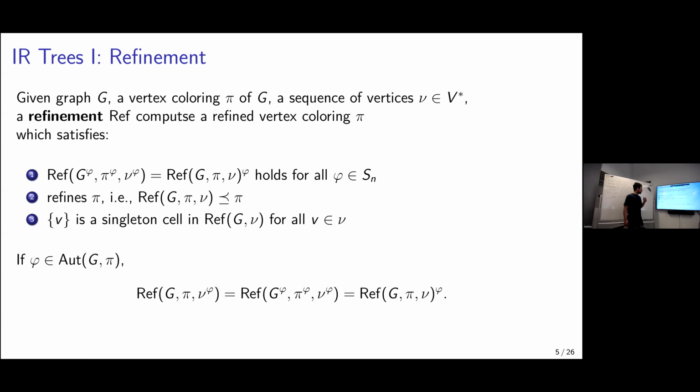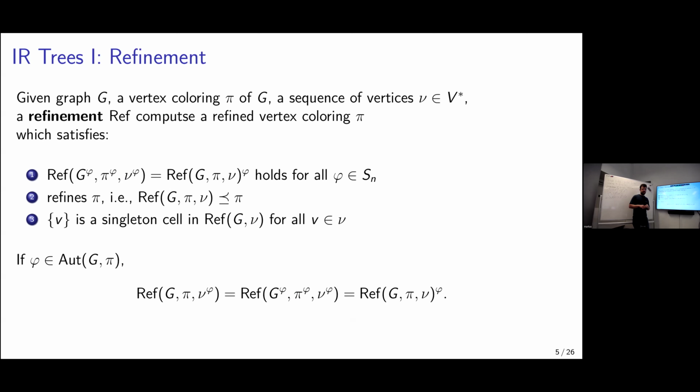It means that whatever this algorithm computes, it only depends on the structure of the graph. It does not depend on the specific order that you gave it, because if you reorder it, it gives you precisely the reordered output.